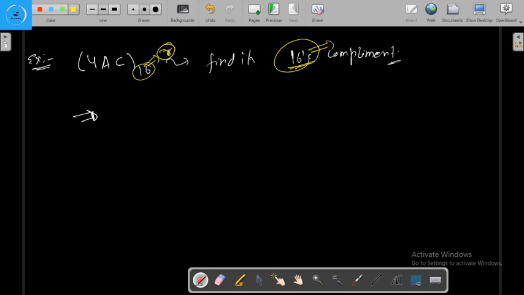For finding the (r minus 1)'s complement, we write r minus 1 three times. Here r minus 1 will be equal to F, and we write the given number 4AC below it, and then we subtract. F minus C: F is equivalent to 15 and C is equivalent to 12.